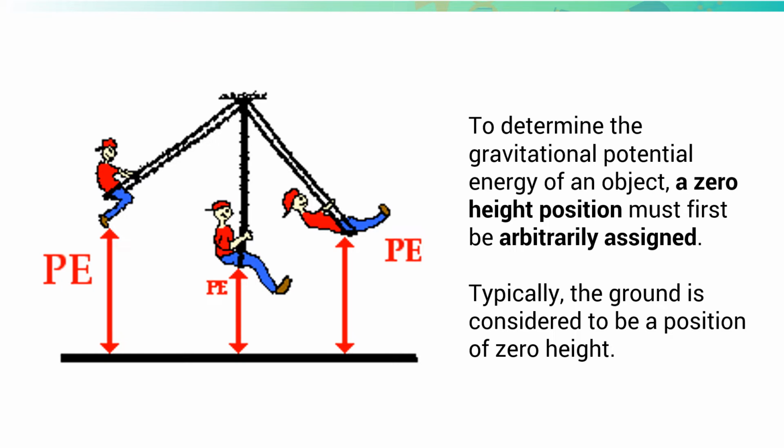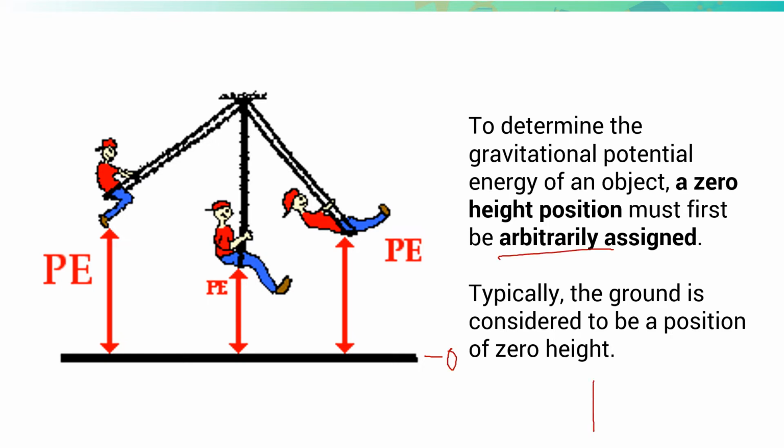To determine the gravitational potential energy of an object, a zero height position must first be arbitrarily assigned. Why is it arbitrary? Kasi there is no wrong, but you should think of it. Usually that is the ground. When we say arbitrarily assigned, it means this would be what we call the zero position, like in our Cartesian plane, where usually we start.